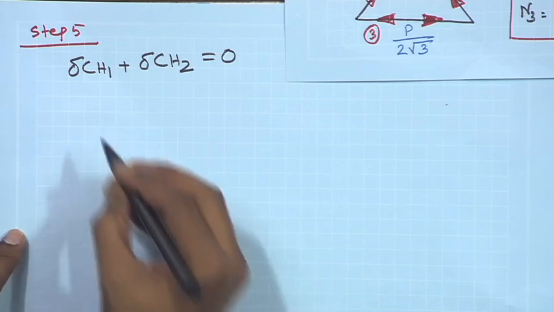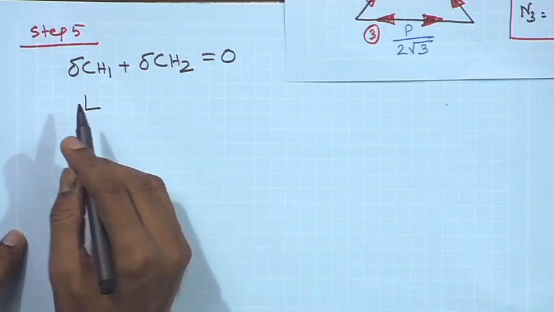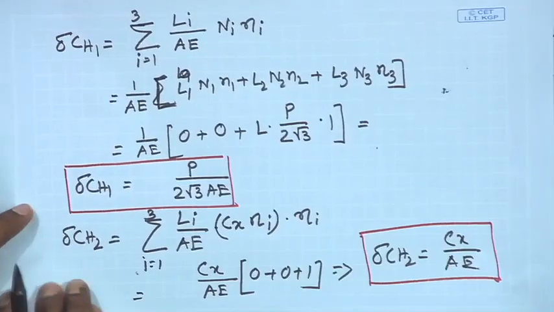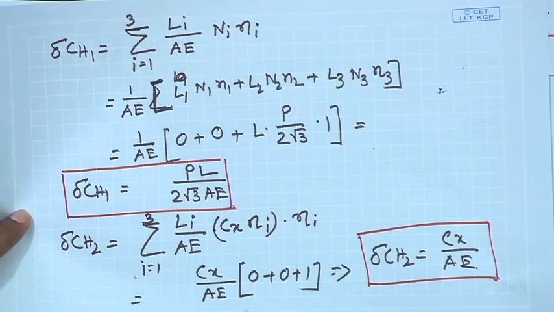Delta Ch1 was, there is a correction, it will be P into L, there should be an L here, and there also should be one L here, because it is L. Please correct it.